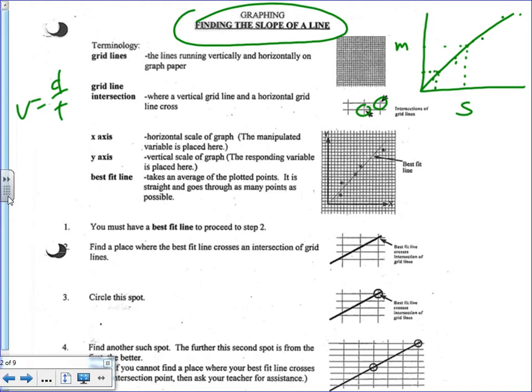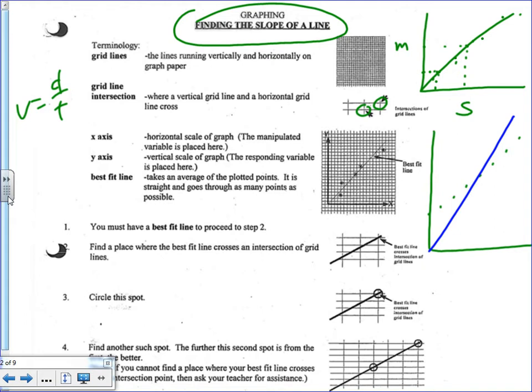This one started at 0, 0 because my first point was 0, 0, and that was the place I could draw it that best followed the trend of my points. But if I have a graph and it looks like this, would I start a best fit line at 0, 0 for those points? No, because that would not allow me to follow the trend of my points. It would look like this.